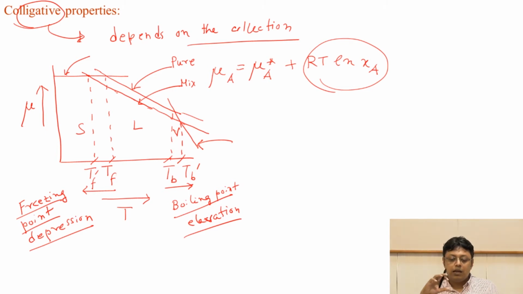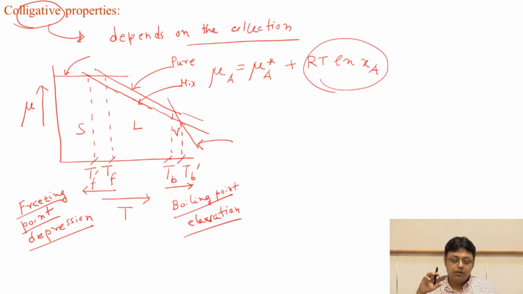But the solid and the vapor, their chemical potential remains unchanged, which means the solute is a non-volatile solute, which also does not freeze along with the liquid, because the solid separates out, and that is the assumption here.